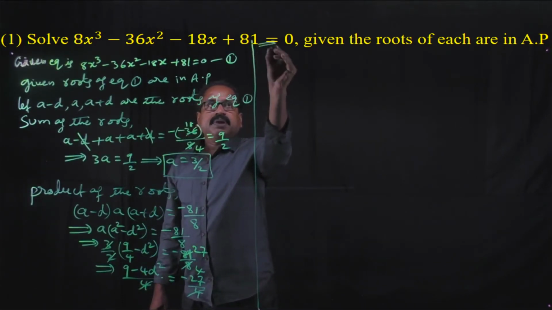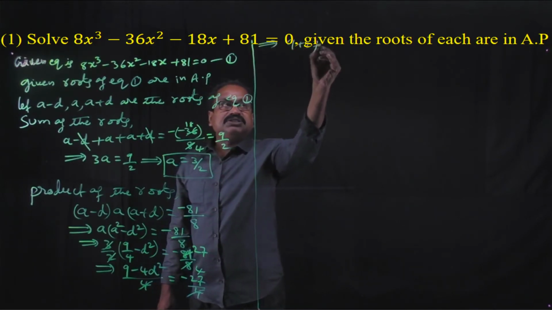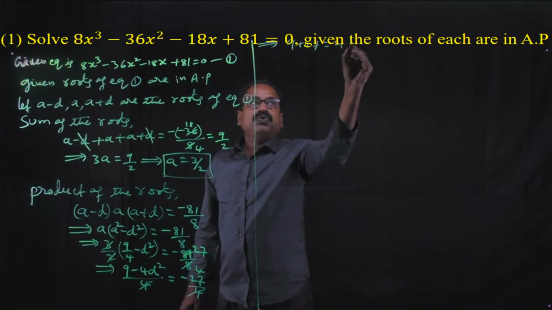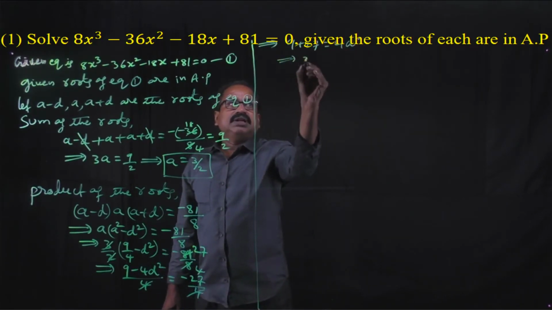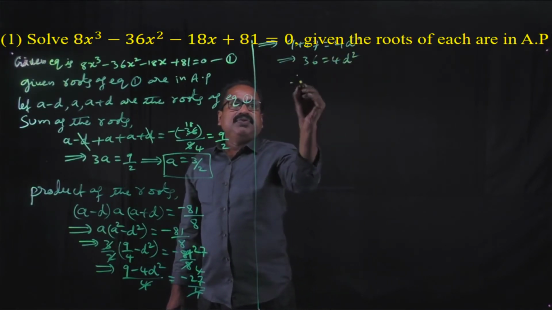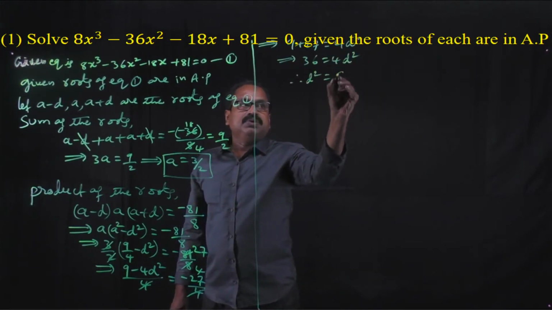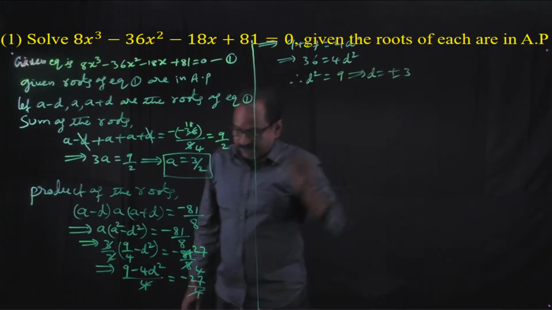So this implies 9 plus 27 is equal to 4d square. So this implies 36 is equal to 4d square. Therefore d square is equal to 9. This implies d is equal to plus or minus 3.